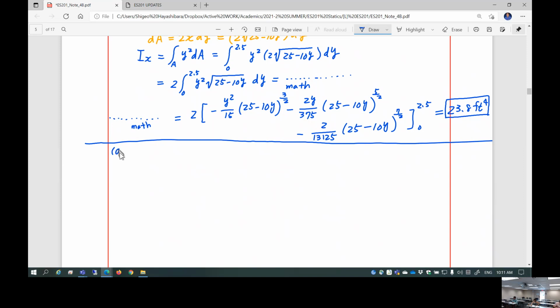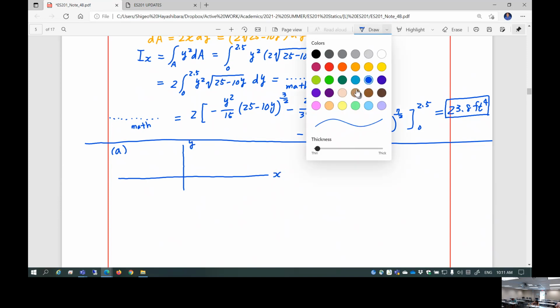So part A, let me just sketch out. This is the y-axis, this is the x-axis, once again.